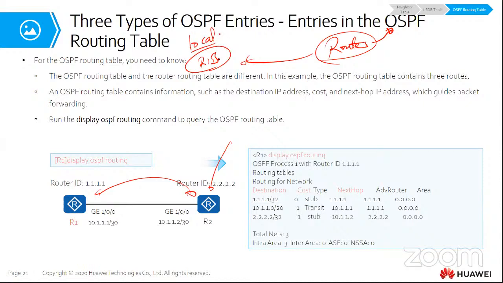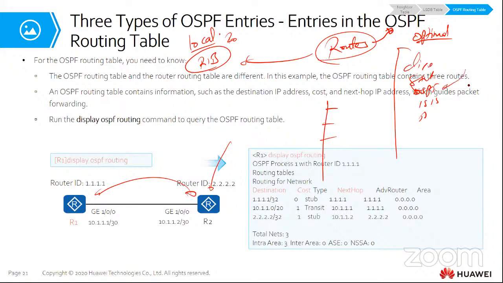The local RIB is the local routing table that we check when we run the command display IP routing table. We are seeing the local one. That one shows the directly connected, the statically configured, and the dynamically learned routes through OSPF, ISIS, BGP. It has all of them, but not exactly all of them. It has all the optimal routes.